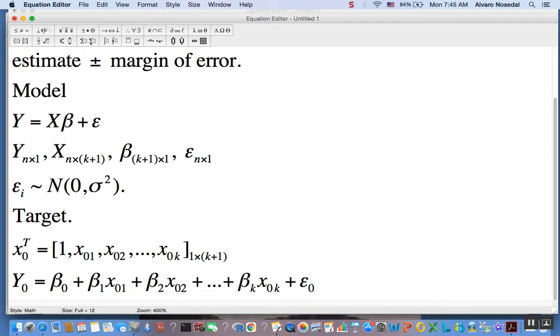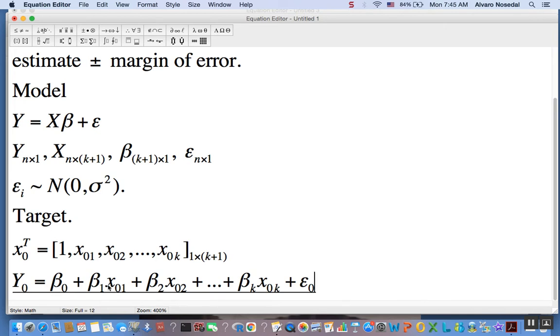Okay, makes sense? So that's just the same as this, but we're writing this down for a particular value. So this is just a 1 by 1 object, right? It's a scalar.